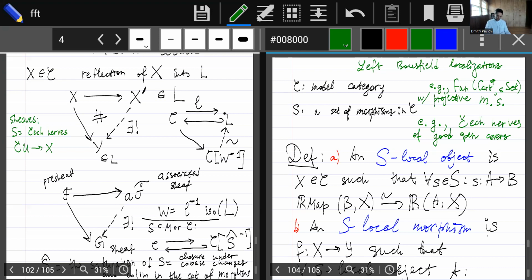First, we will define the analog of capital L. So I say an S local object is an object in C, such that for any morphism in S, say S goes from A to B, the induced map of derived mapping spaces, which we defined previously, or if you want, you can also use the Hammock localization here.